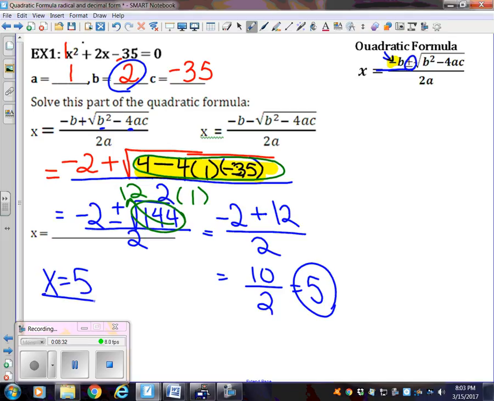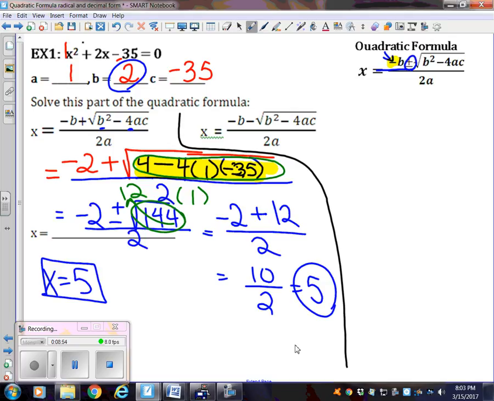Now, I've written pretty big, and I still need to do the other half. Remember, we have 2 parts to do. The easy thing is once you've done the first part, the second part is a lot easier. This one had a nice, neat, perfect square root. So when I substitute into the second half, it's going to be the same thing.